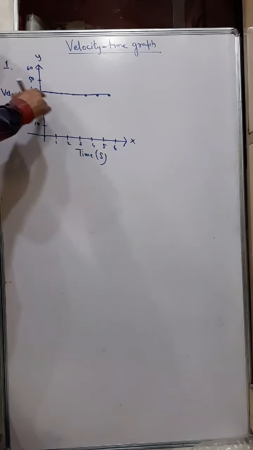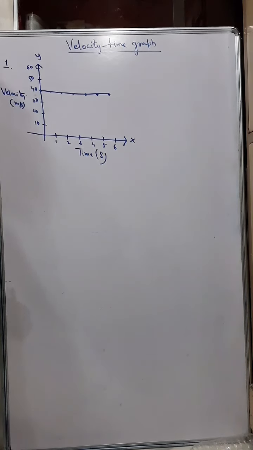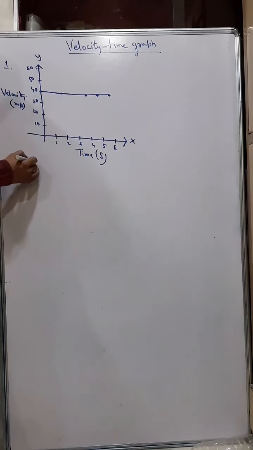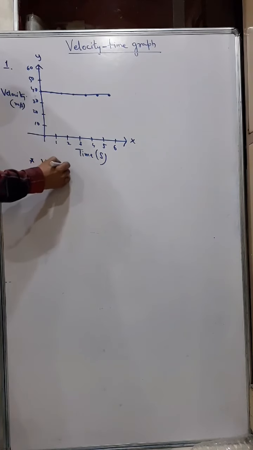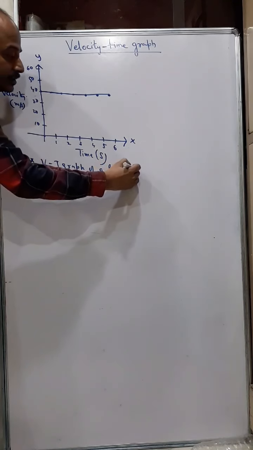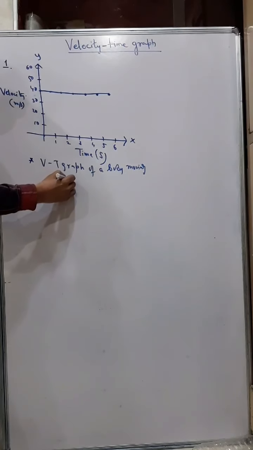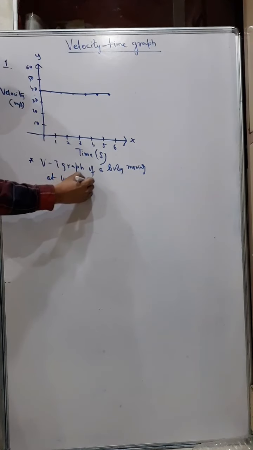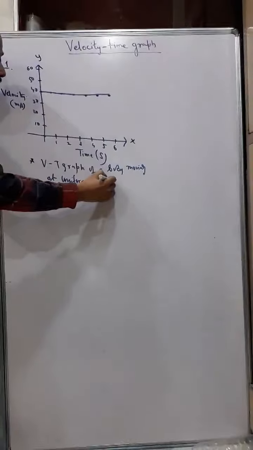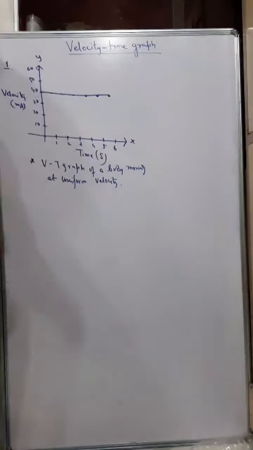So that means what can we see about the motion of the body in this case? In this case we can say this is a velocity time graph of a body moving at uniform velocity, right? That means the velocity is not changing, so the body is not at rest.